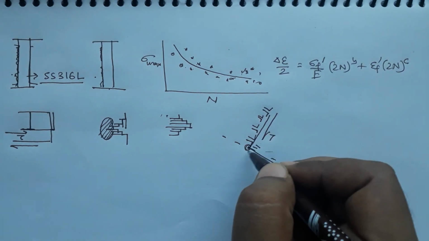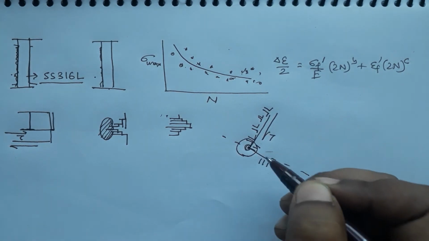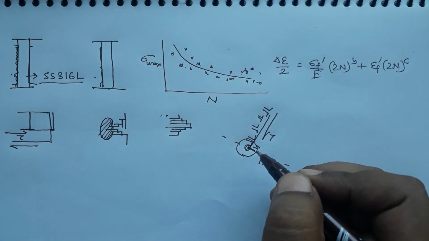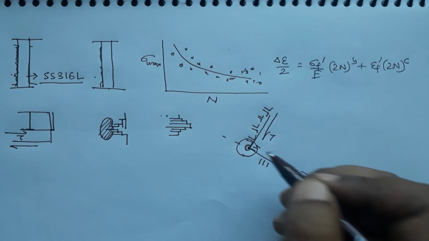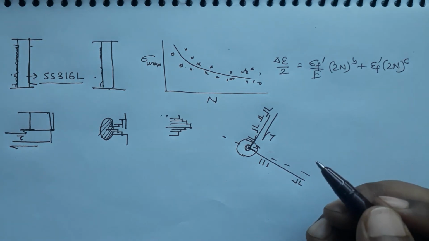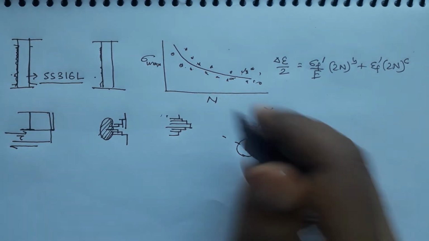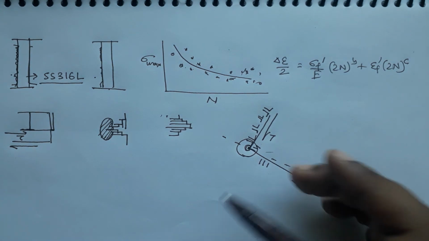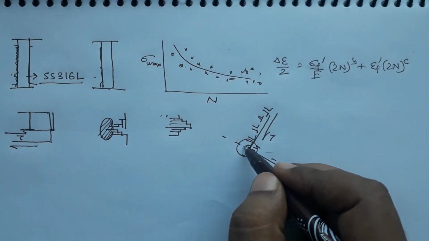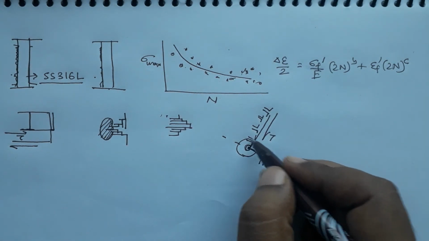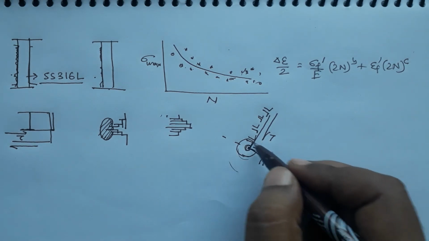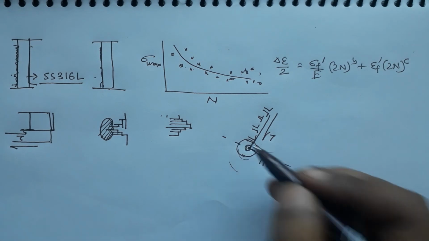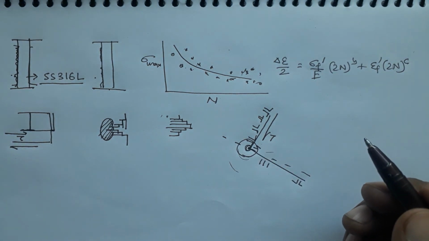This barrier can be broken depending upon the stacking fault energy of the material, at what temperature you are deforming the material, how much stress you are applying, and so on. All those reasons will contribute to the annihilation of these barriers, and it may happen that this barrier will be broken and the dislocations can cross slip to another plane and move further from there.